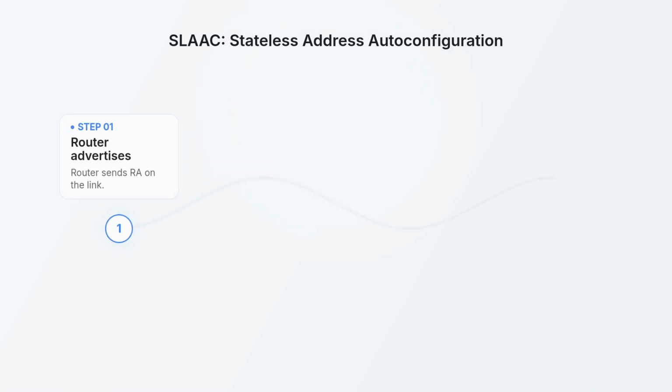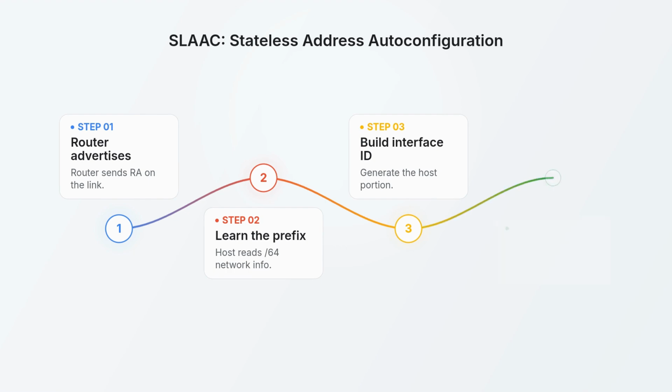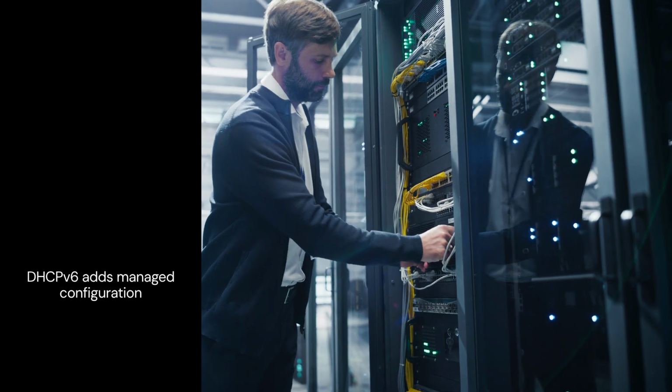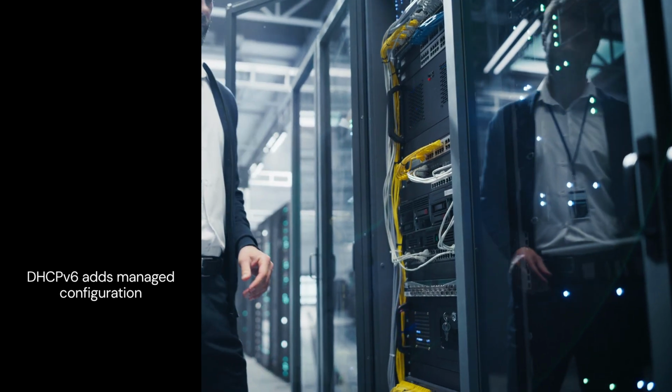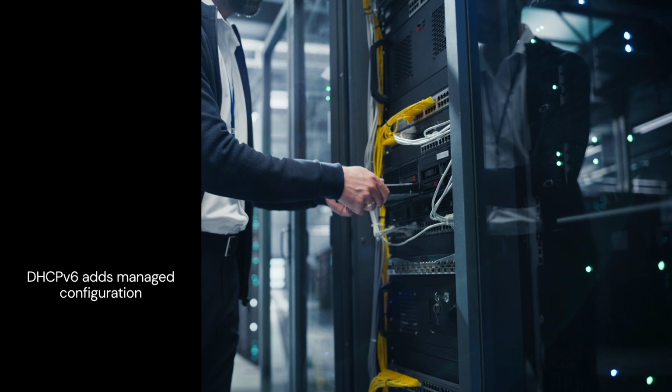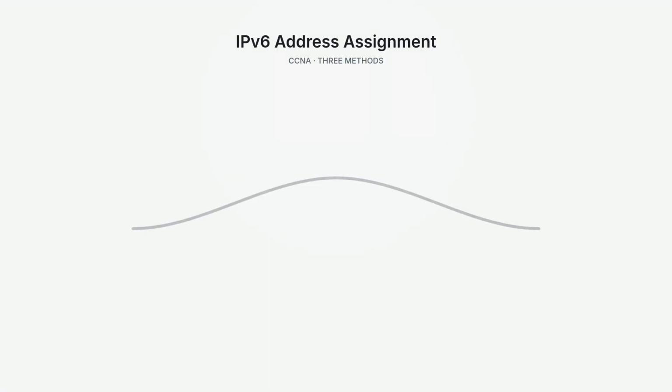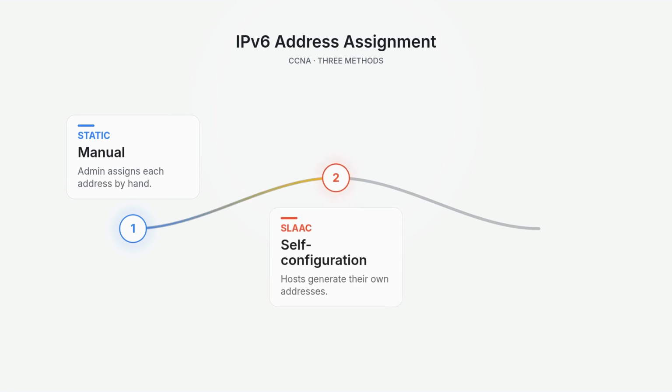With SLAAC, a host can learn network information from router advertisements and build its own address automatically. DHCPv6 is the third big method. It can provide addressing details and other configuration information in a more managed way. For CCNA study, keep the big picture in mind. Static is manual, SLAAC is self-configuration, and DHCPv6 adds centralized control.